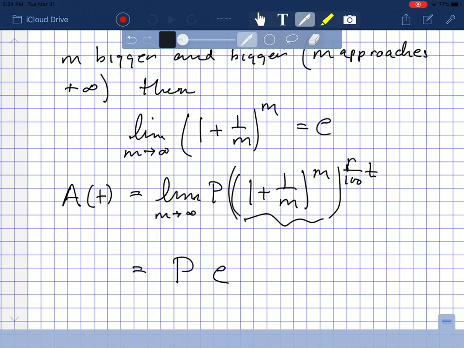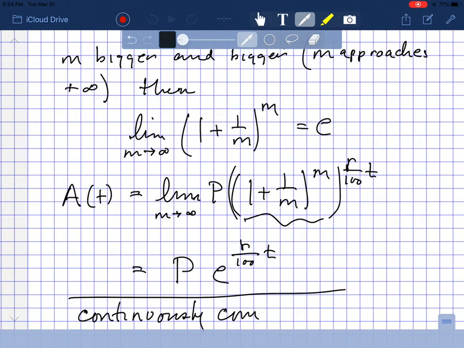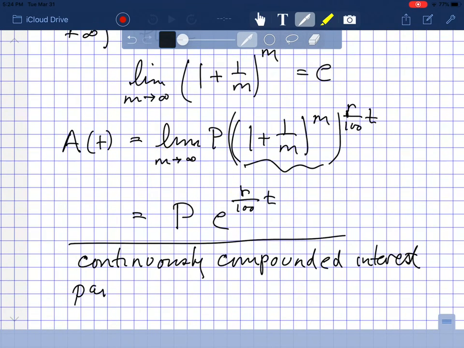So A of t is equal to p times e to the r divided by 100 times t. And this scheme of paying interest is called continuously compounded interest payments.